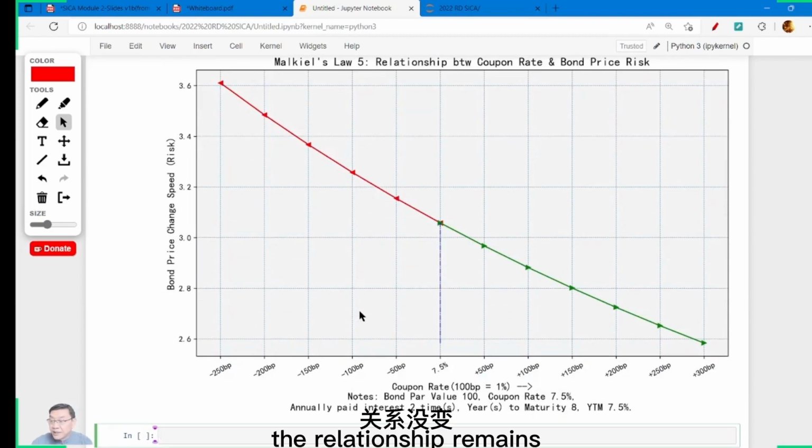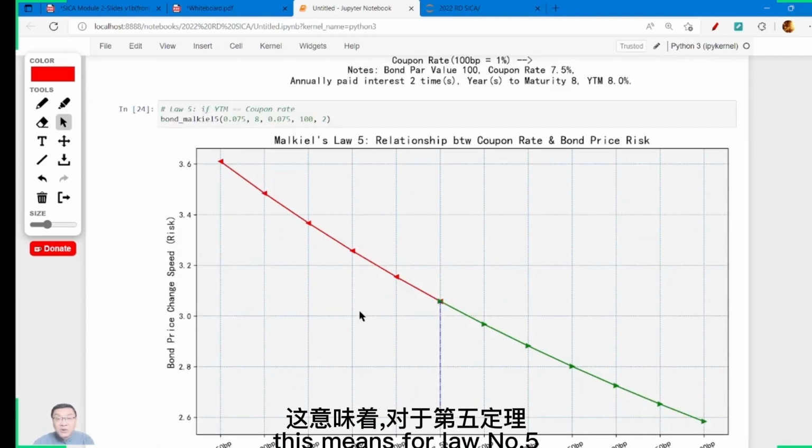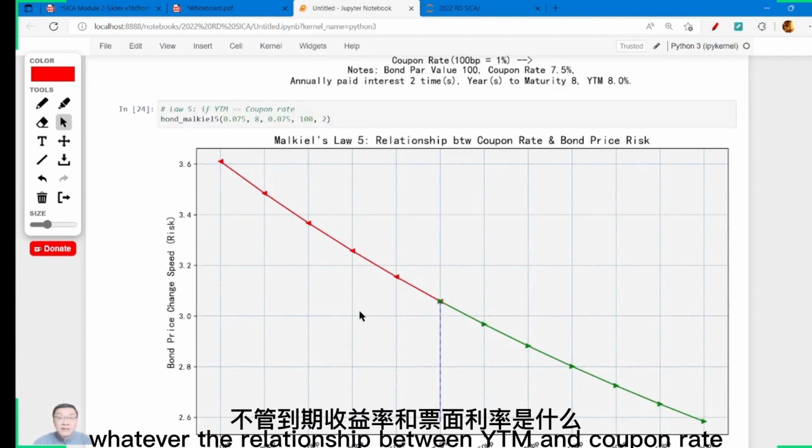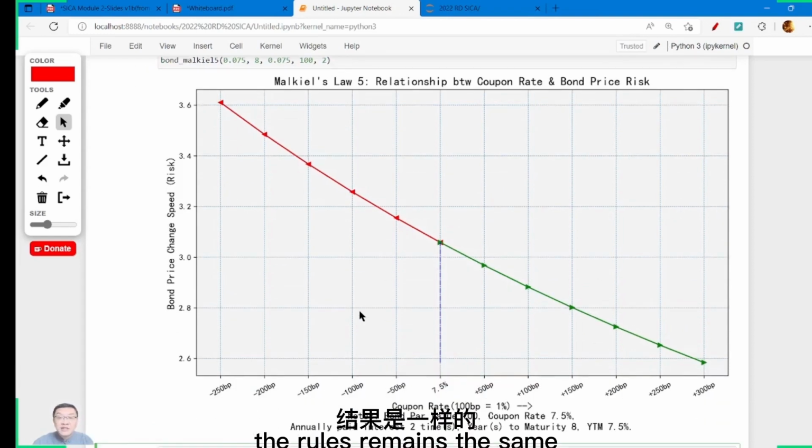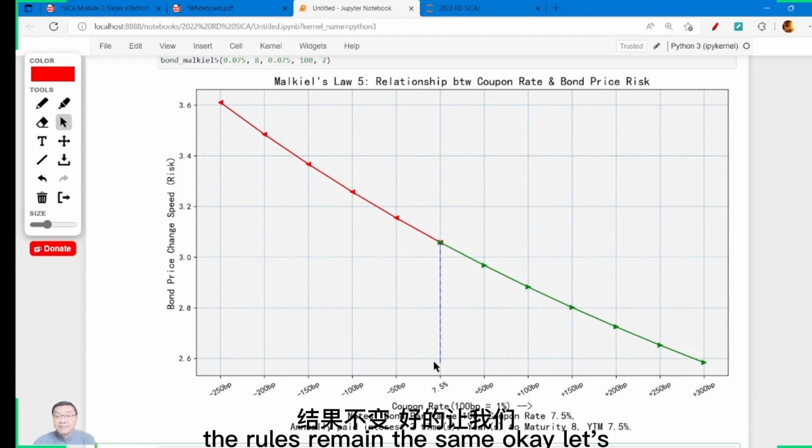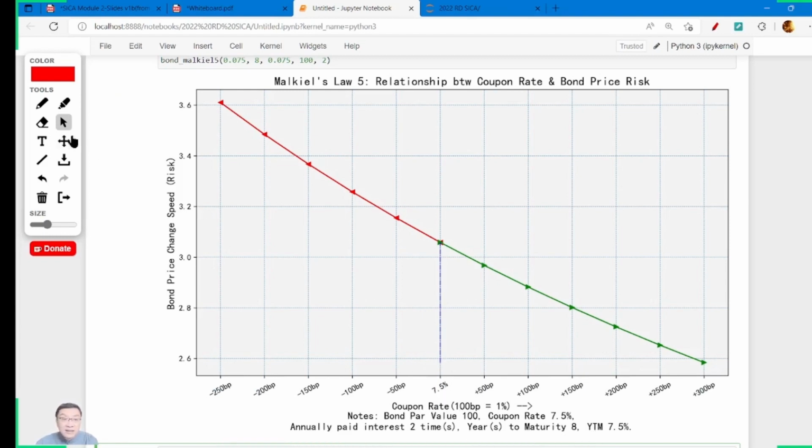This means for law number 5, whatever the relationship between YTM and coupon rate, the rules remain the same. Okay, let's describe it again. Please look at it carefully. This axis describes the coupon rate.